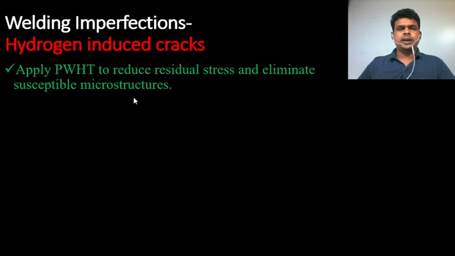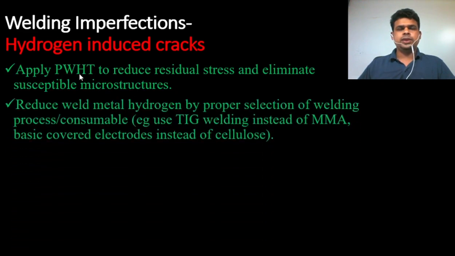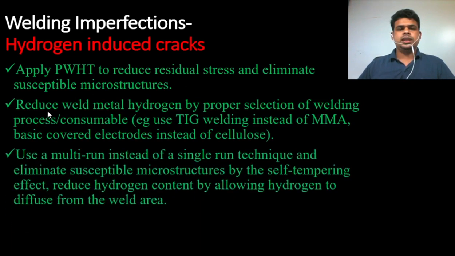Then apply PWHT, post-weld heat treatment, to reduce residual stress and eliminate susceptible microstructure. Then reduce weld metal hydrogen by proper selection of welding process and consumable. For example, use TIG welding instead of MMA, manual metal arc welding, and a basic covered electrode instead of cellulose.